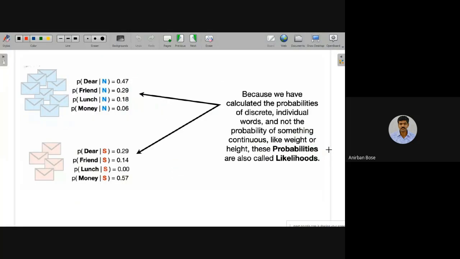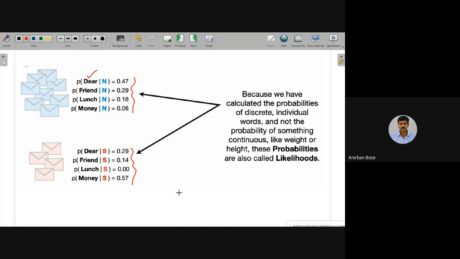Next, we write down all these things that we have got, the probability of dear given that it is normal and so on, and by now you have understood how we calculated these values. Clear?